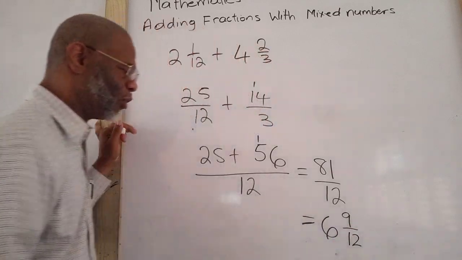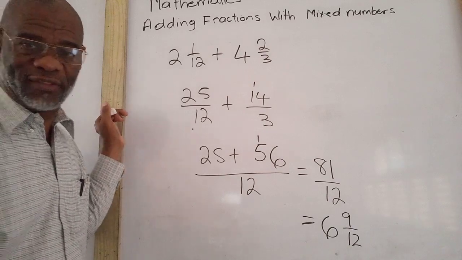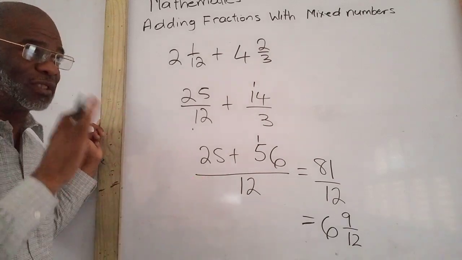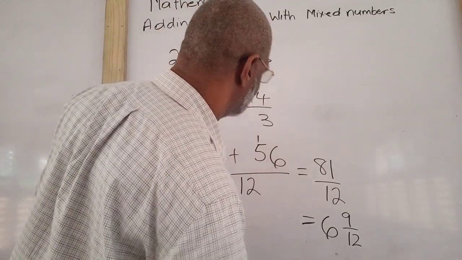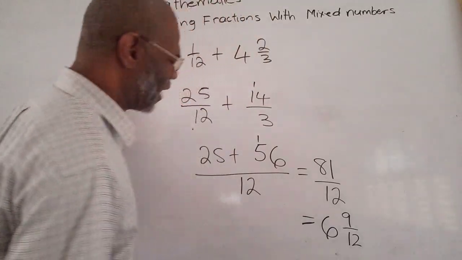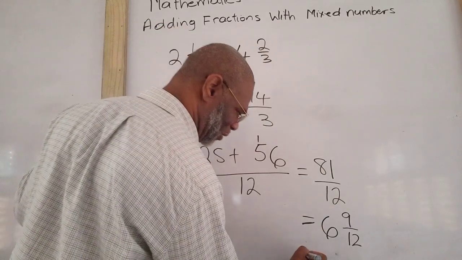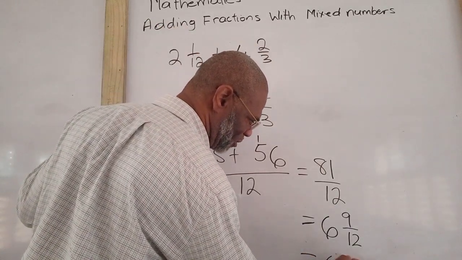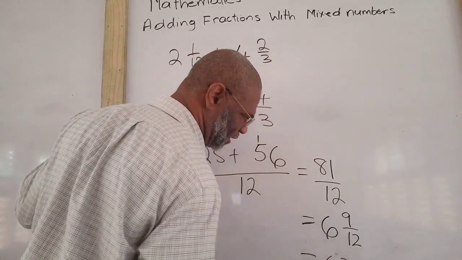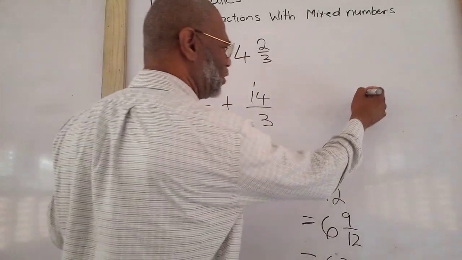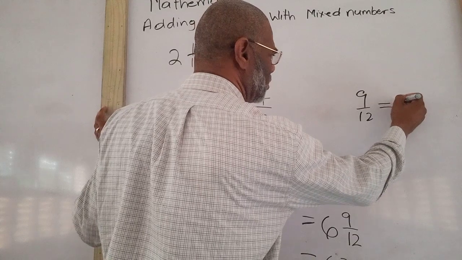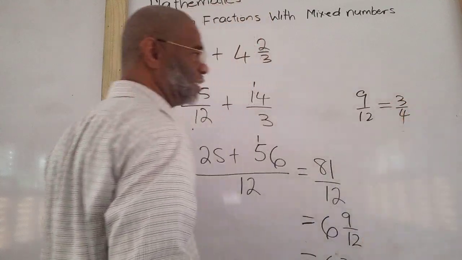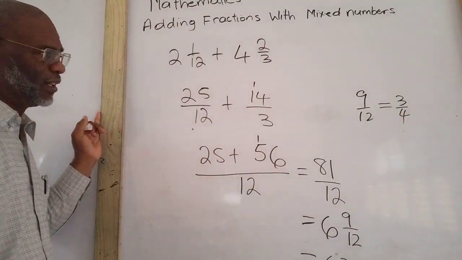Now, we could simplify 9/12 and that will give us 3/4, but let's leave that for another time. If we're asked to write it in the simplest form, then we could write it as 6 and 3/4, because 9 over 12 is equivalent to 3/4.